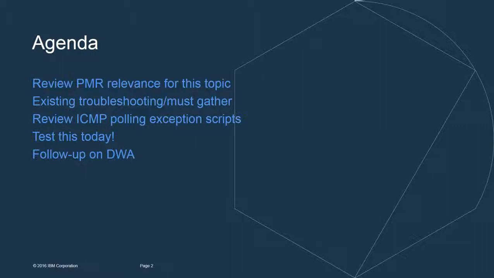We're going to talk a little bit about the troubleshooting that you might have done before today, and then we're going to talk about the scripts that you might be able to make use of to do a faster job of looking at one IP address or a few IP addresses and quickly being able to tell what the problem is.